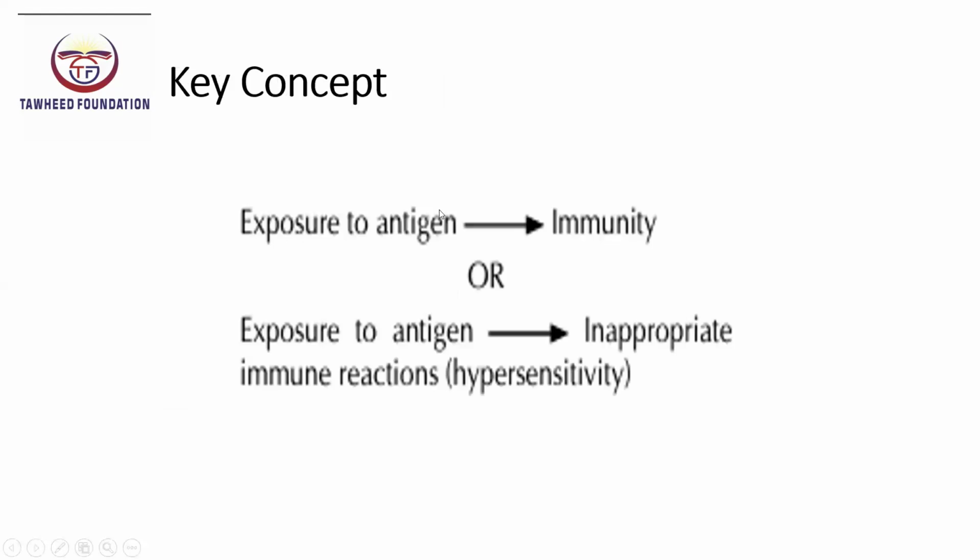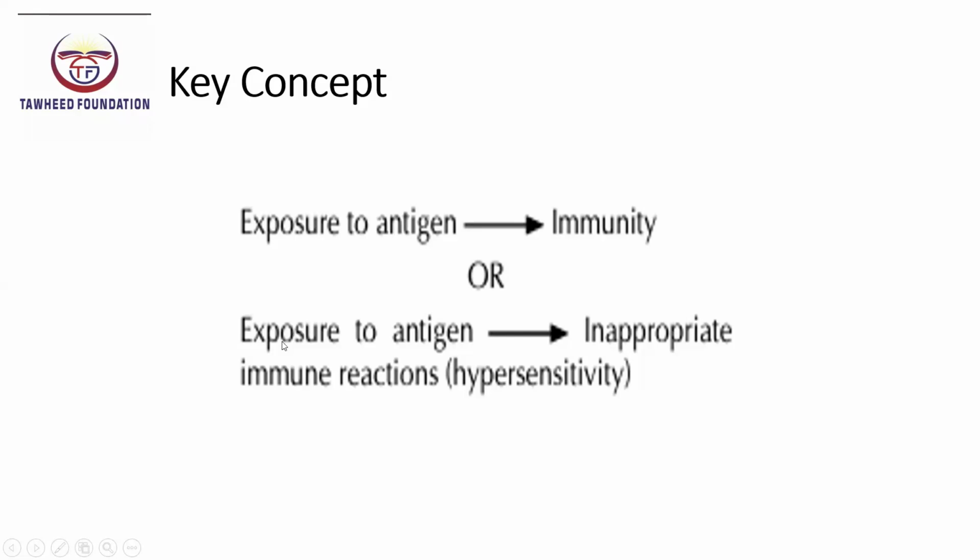Next is key concept overview. So here we can visualize how the immune system responds differently to the same antigen. When the immune system functions normally, exposure to antigen leads to protective response and the antigen is eliminated without harm.